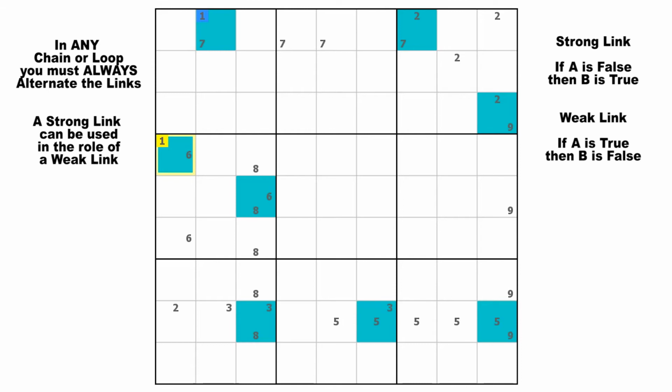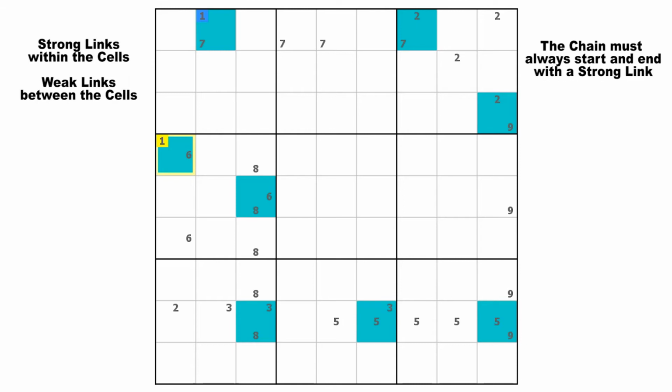Like this. Let's start up on candidate 1 in row 1, column 2, and make a strong link to that 7. Okay?